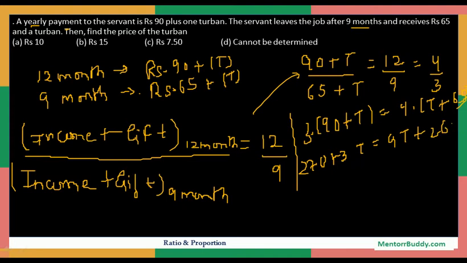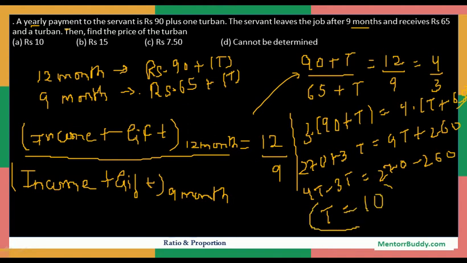This will become 40 minus 3t is equal to 270 minus 260. That will be t is equal to 10, and t was the cost of the turban, and that was the question. We have to figure out the cost of the turban. So that is going to be option A, which is equal to 10.